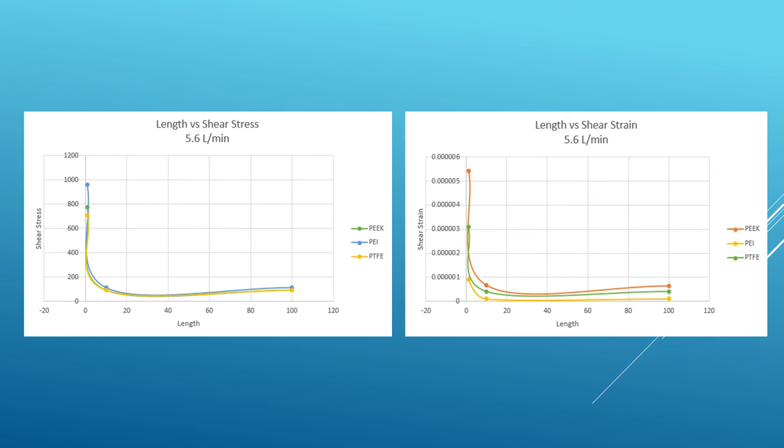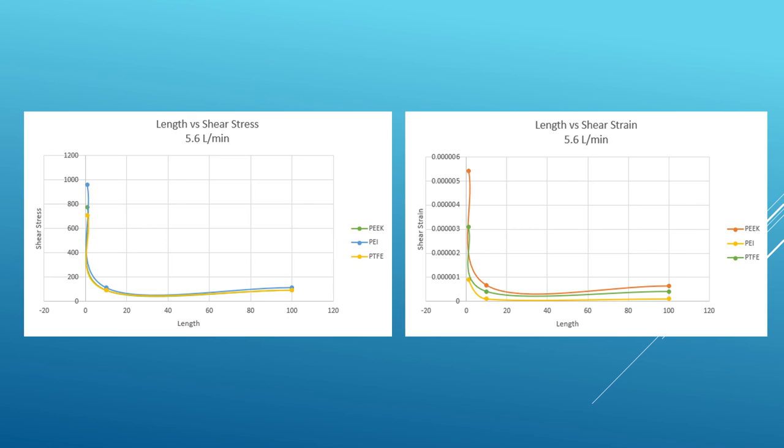The graphs seen here show the shear stress and shear strain of the three different materials at the three varying lengths. As you can see in the figure towards the left, all three materials follow the same trend line. This is because stress is defined as the amount of force over the area, so with the same amount of force, all three materials are going to show the same amount of stress.